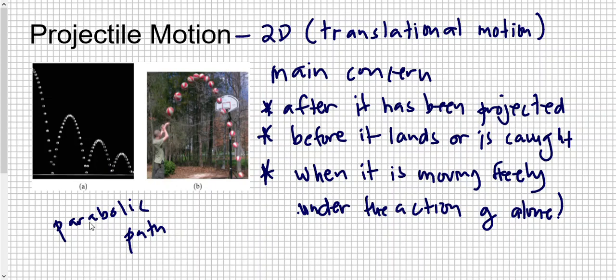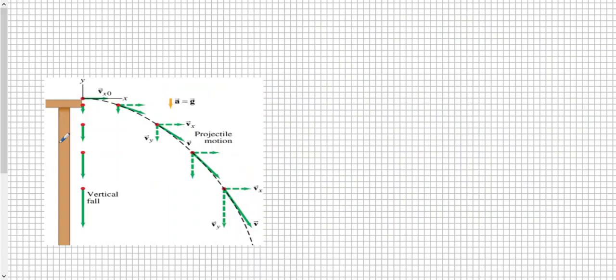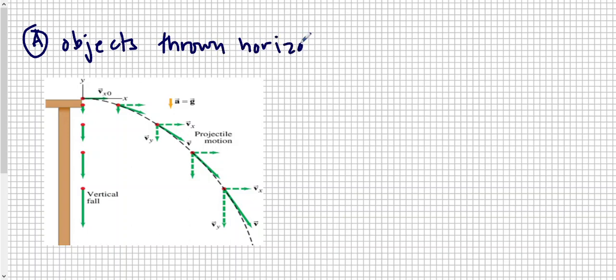So projectile motion has two types. The first type is objects thrown horizontally. In objects thrown horizontally, we consider velocities of the object.